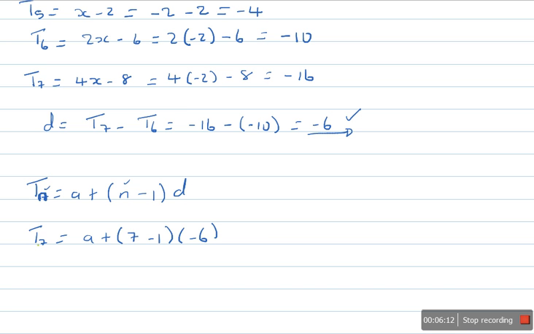So T7 wethu it's negative 16, so it's minus 16 equal to A plus 7 minus 1 times negative 6.